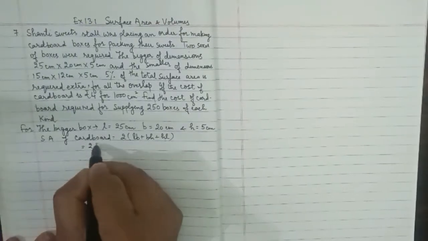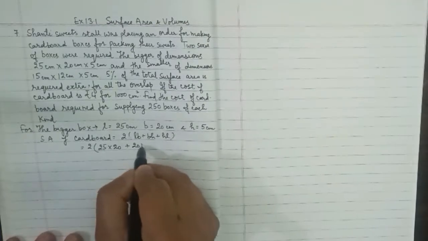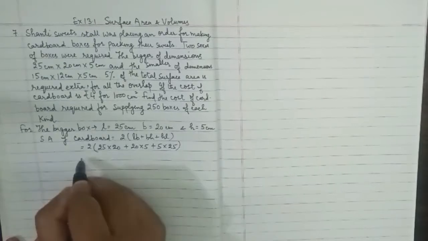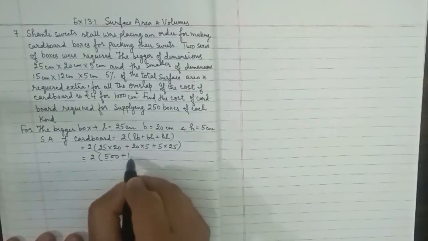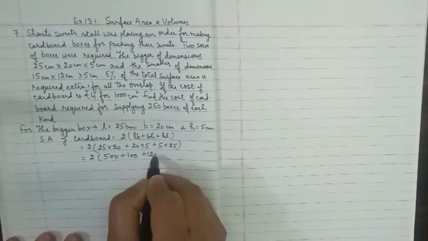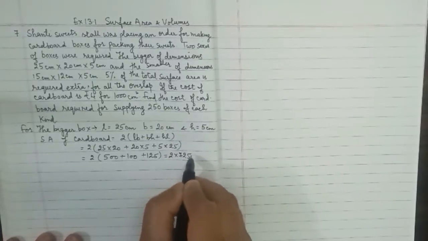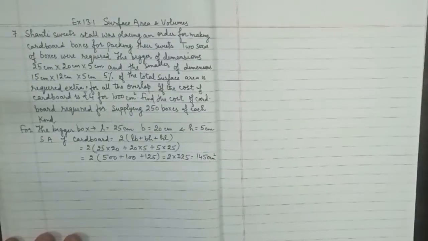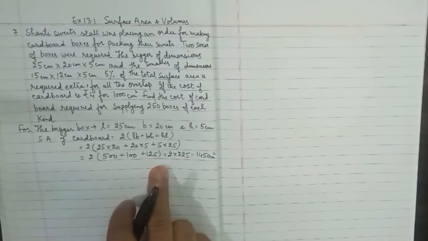You will get 2(25 into 20 plus 20 into 5 plus 5 into 25). We will get 500 plus 100 plus 125, which is equal to 2 into 725, which is equal to 1450 centimeter square. This is the surface area of cardboard required for the bigger box.